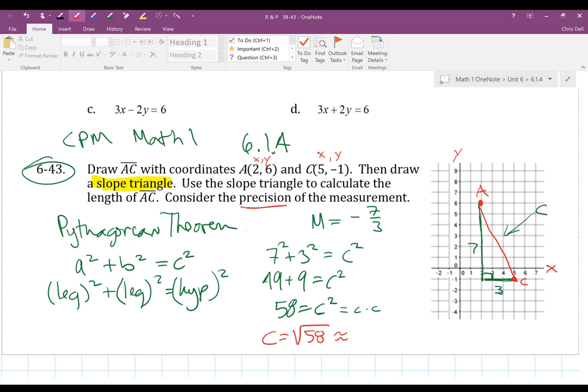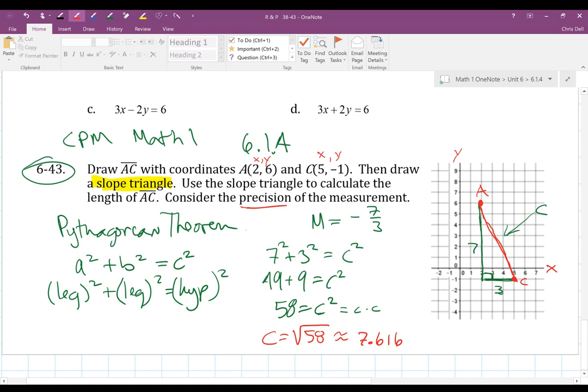The square root of 58, and you have to use a calculator for that. There it is, approximately 7.616, and I'll round here. So that's our approximate answer for the length of AC.